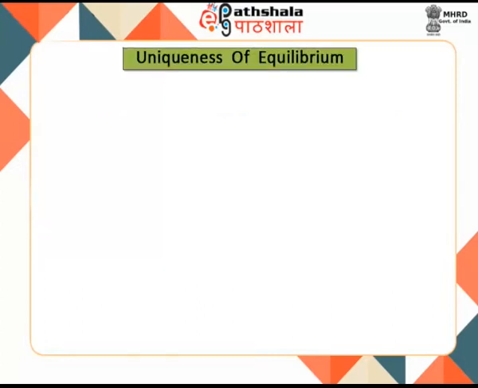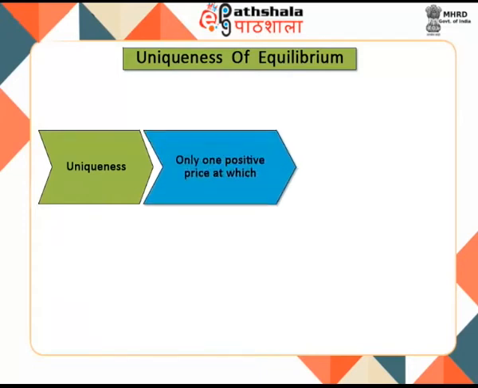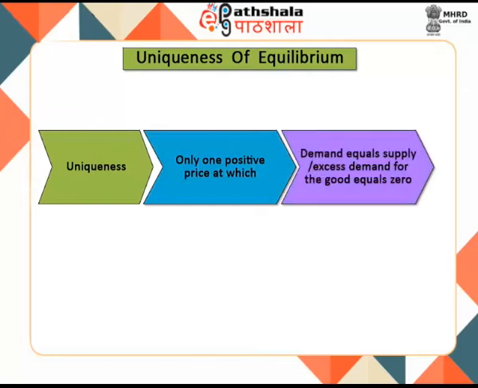Uniqueness of equilibrium. Existence of equilibrium is no guarantee that such an equilibrium will be unique. Uniqueness implies that there exists only one positive price at which demand equals supply, or excess demand for the good equals zero.